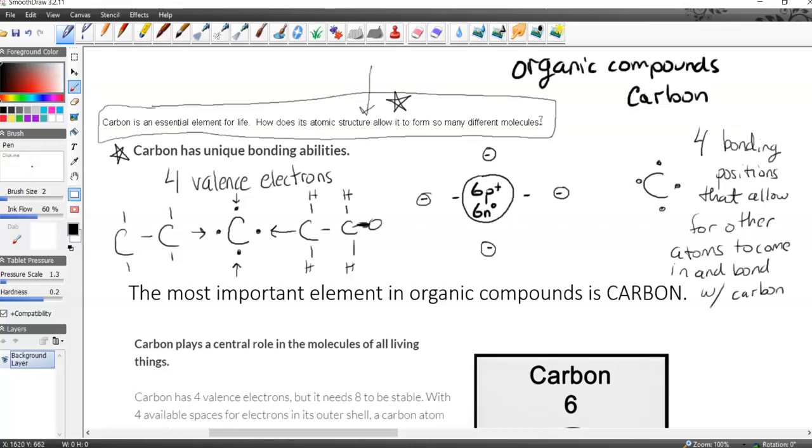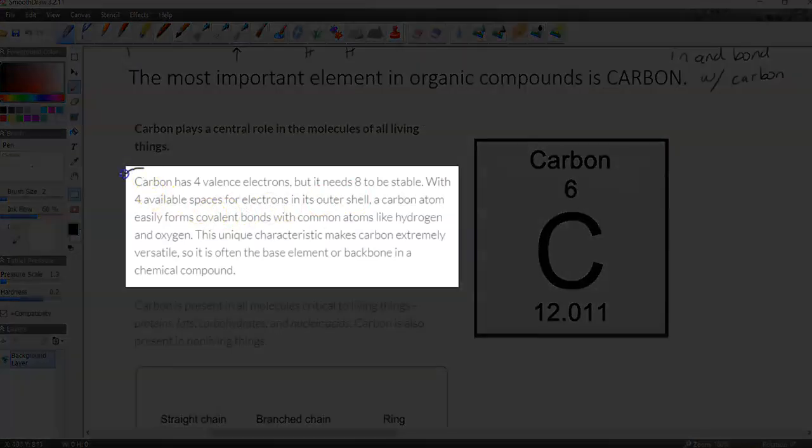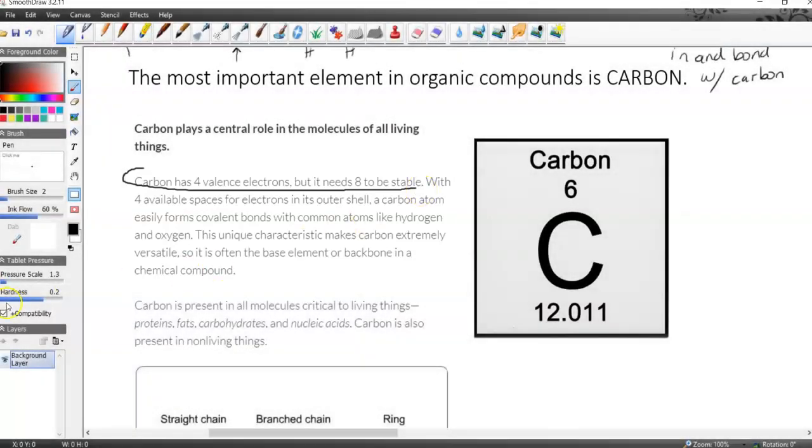So the answer to the question, how does carbon's atomic structure allow it to form so many different molecules, is right here. Carbon has 4 valence electrons, but it needs 8 to be stable. With 4 available spaces for electrons in its outer shell, a carbon atom easily forms covalent bonds with common atoms like hydrogen and oxygen. This unique characteristic makes it extremely versatile, so it is often the base element or backbone in a chemical compound.